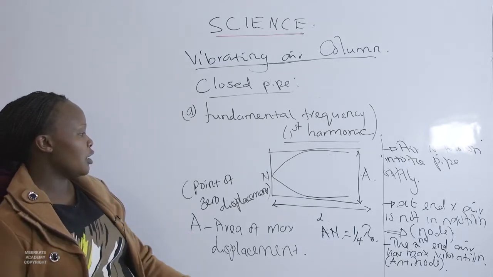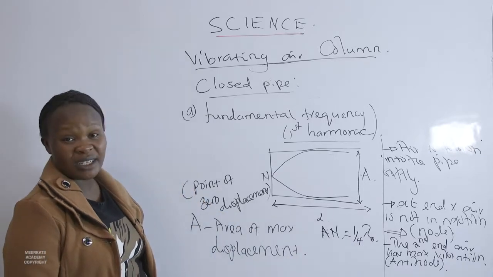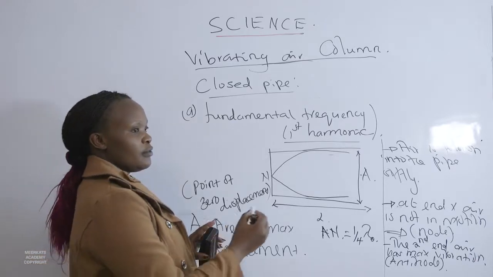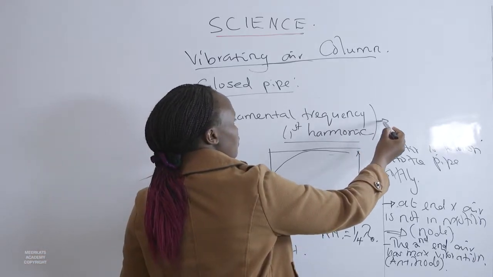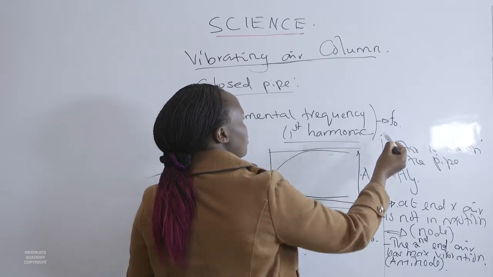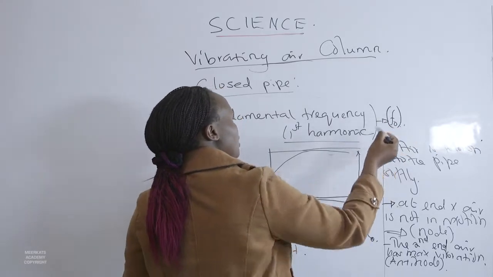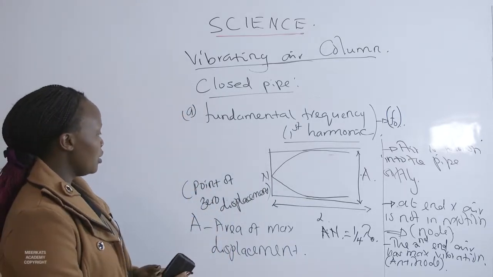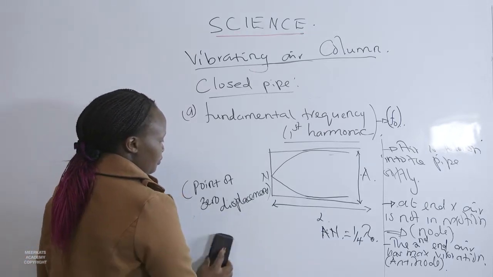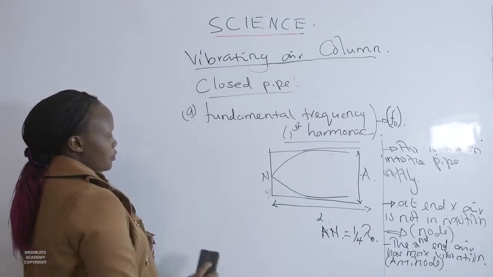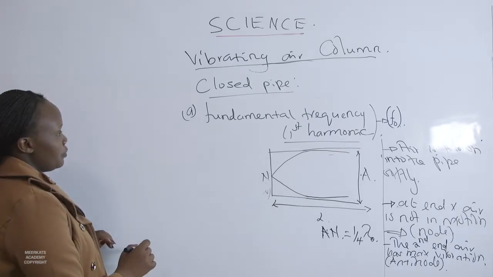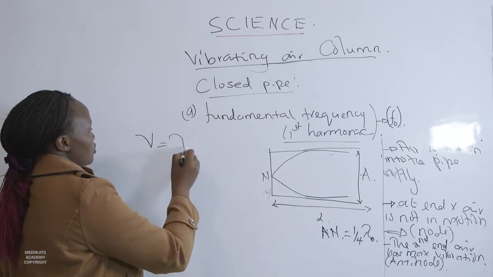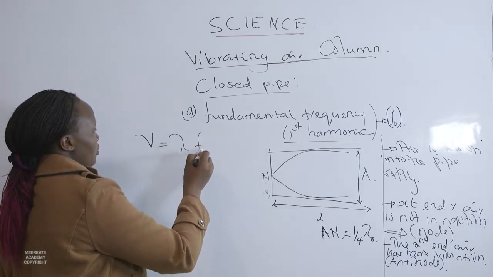Therefore, if we are talking about the fundamental wavelength at this point, then we can get the fundamental frequency as a factor of speed and the wavelength. Now, we remember that V is equal to F multiplied by the wavelength.